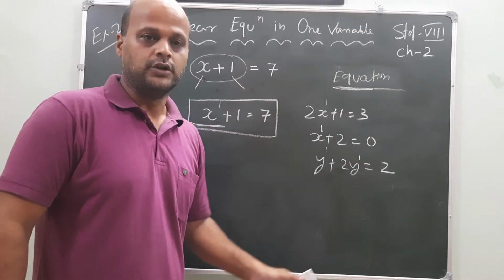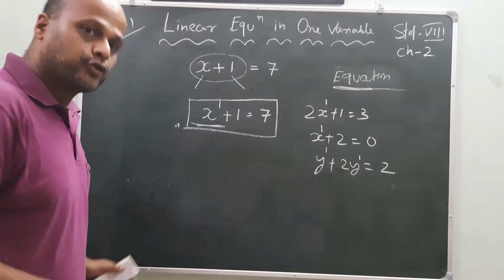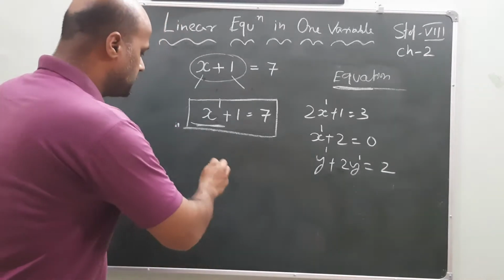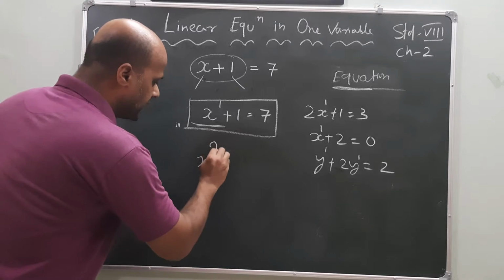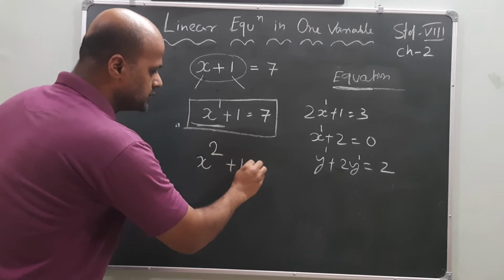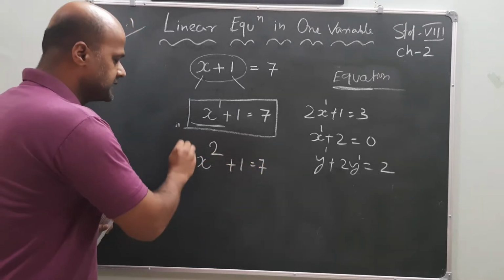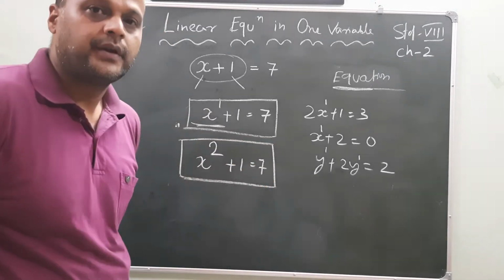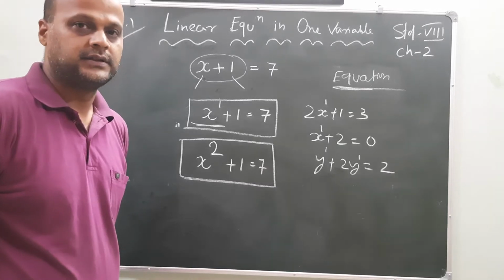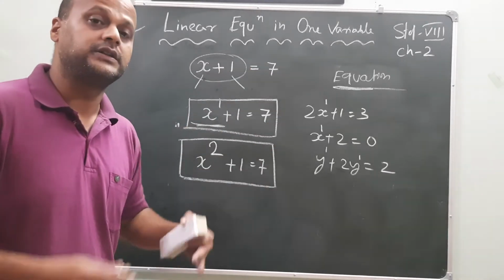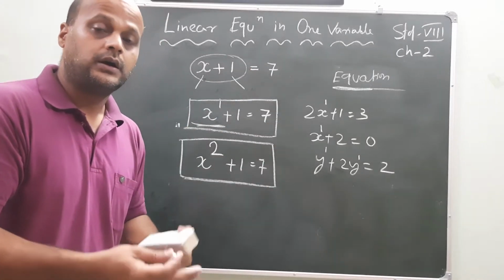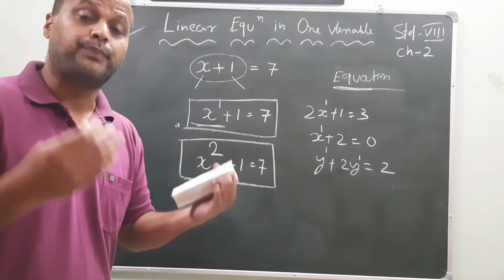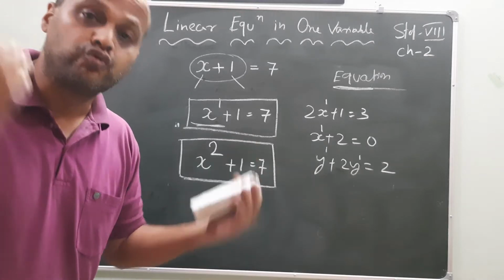Now tell me, my dear friends: x square plus 1 is equal to 7. Is this an equation in one variable? Remember the definition: the variable has power not more than 1.